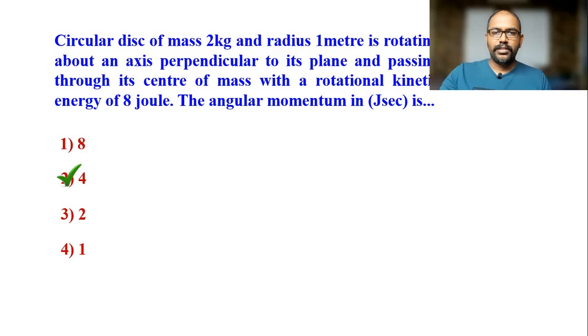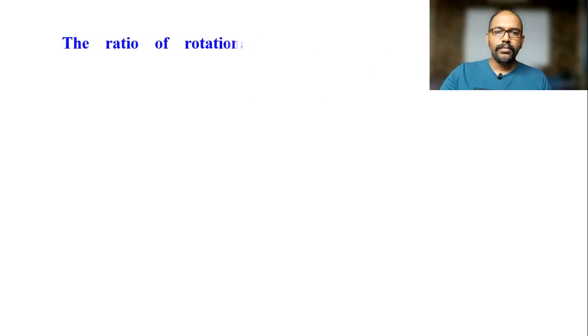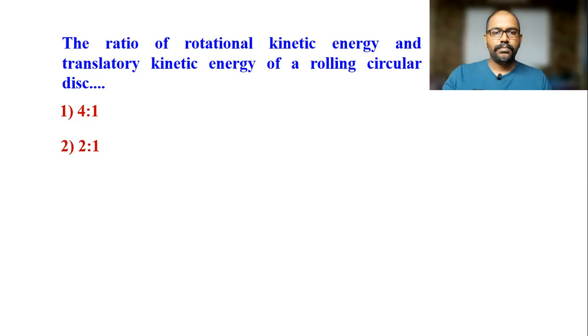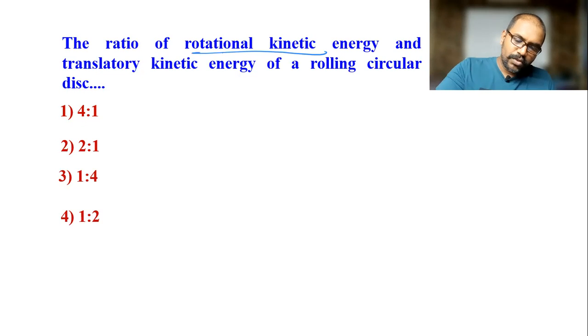Now we move to the next question. The ratio of rotational kinetic energy and translatory kinetic energy of a rolling circular disc, and the options are. So here 4 options we display here. So rotational kinetic energy. So let me write E rotational first. For which object?